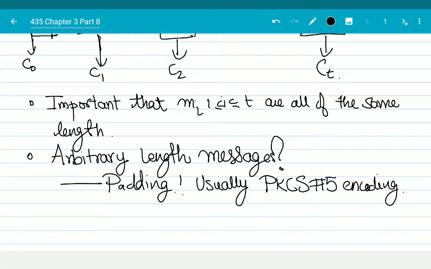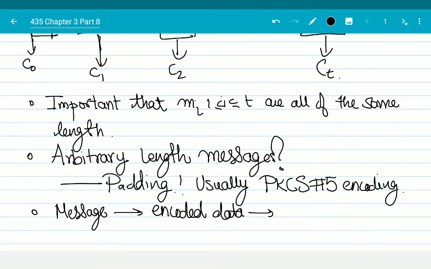There are, of course, multiple ways of doing this, but this is a standard one. So how does this go? The first thing we do is change the message to match the length. The message first gets changed to encoded data, and then it gets changed to ciphertext.